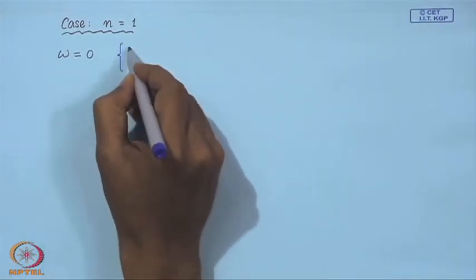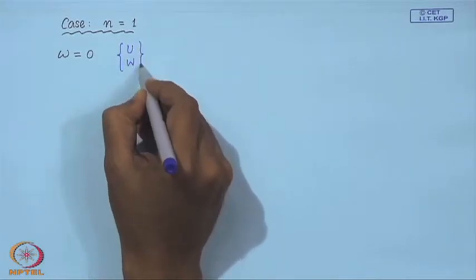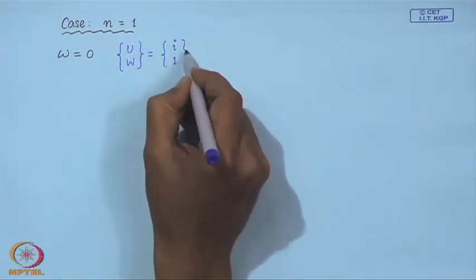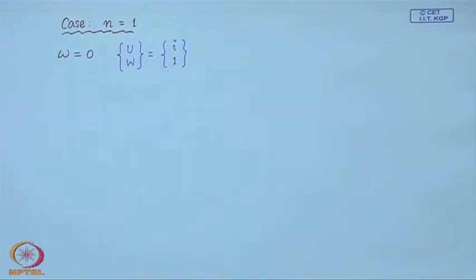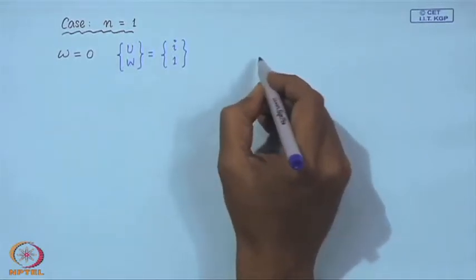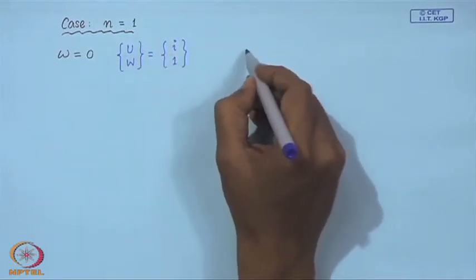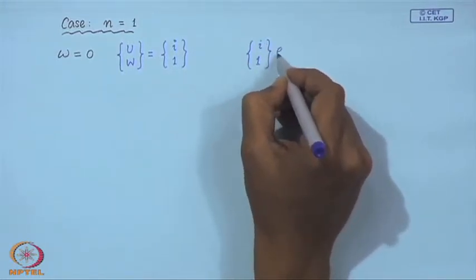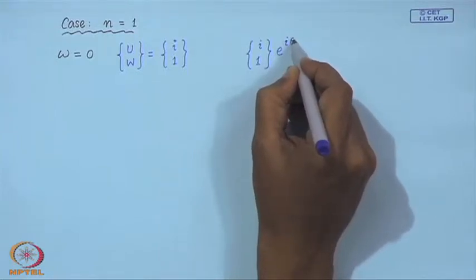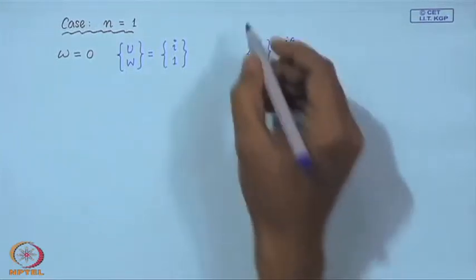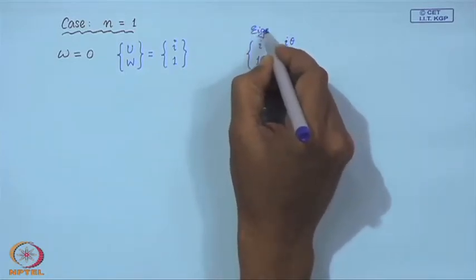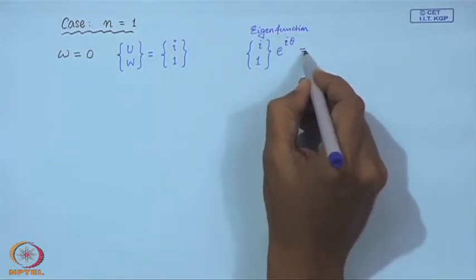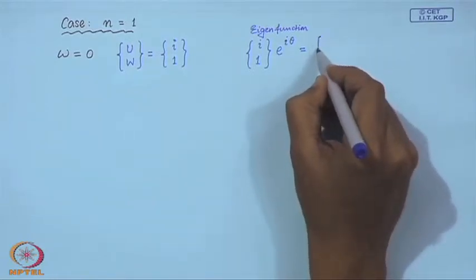So, if you calculate once again the eigenvectors, they turn out to be i and 1. So, let us see what this means. So, this gets multiplied, the eigenfunctions are nothing but, so these are the eigenfunctions, and that can be written as.